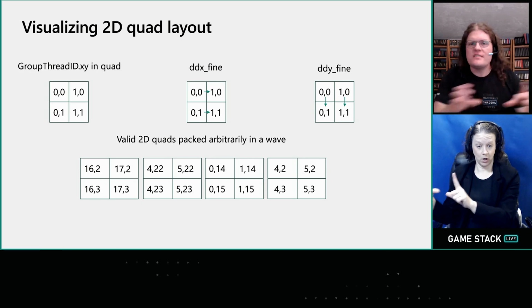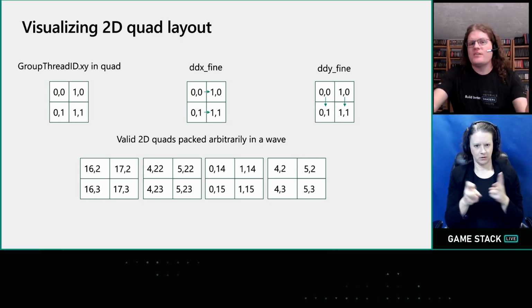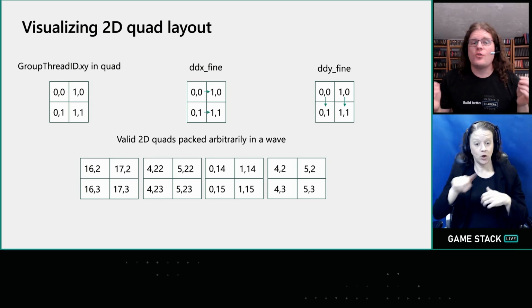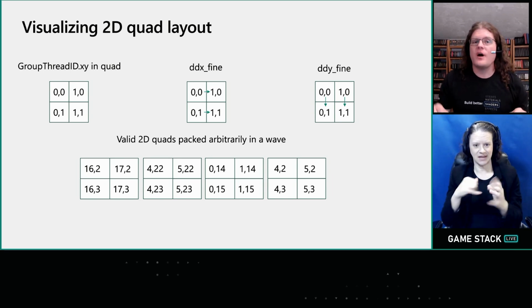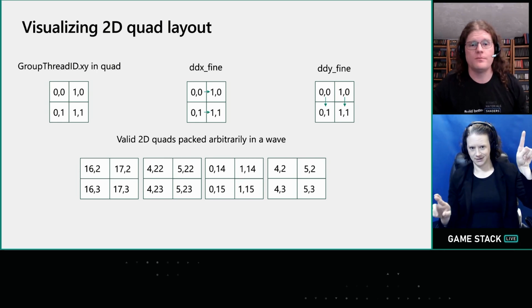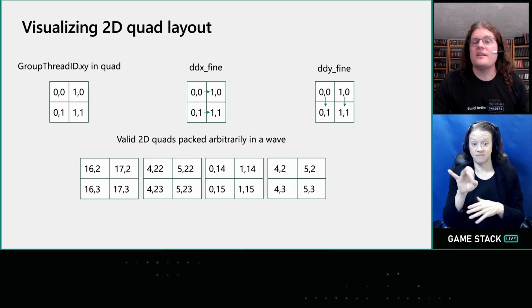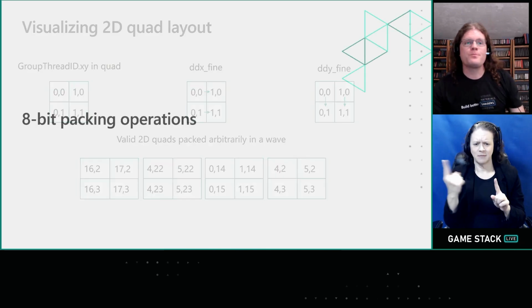But they aren't adjacent to each other at all. They're pulled from all over the place. And yet I want you to imagine that these are all in the same wave. So the wave index would proceed from the upper left to the bottom right and would have no association with the group index or the group thread ID at all. And that is a perfectly valid thing to do. I can't tell you if anyone does that, but it's something you should prepare for.